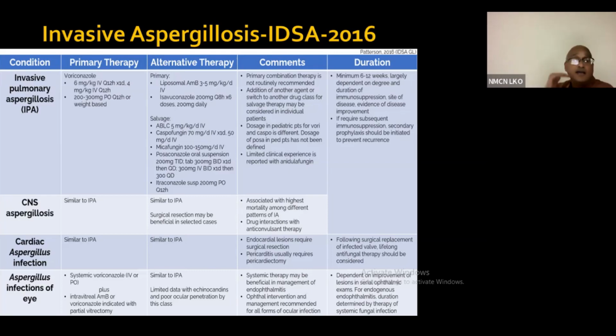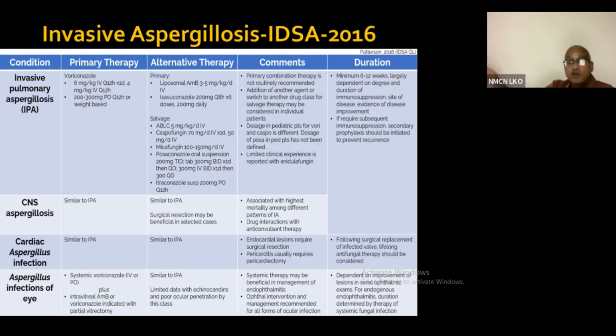Okay. And for CNS aspergillosis, cardiac aspergillosis, or aspergillosis infection of the eye, it will combine a systemic voriconazole, oral or IV, plus an intravitreal amphotericin B together. This is the primary therapy for invasive aspergillosis, maybe of lung or extra pulmonary.